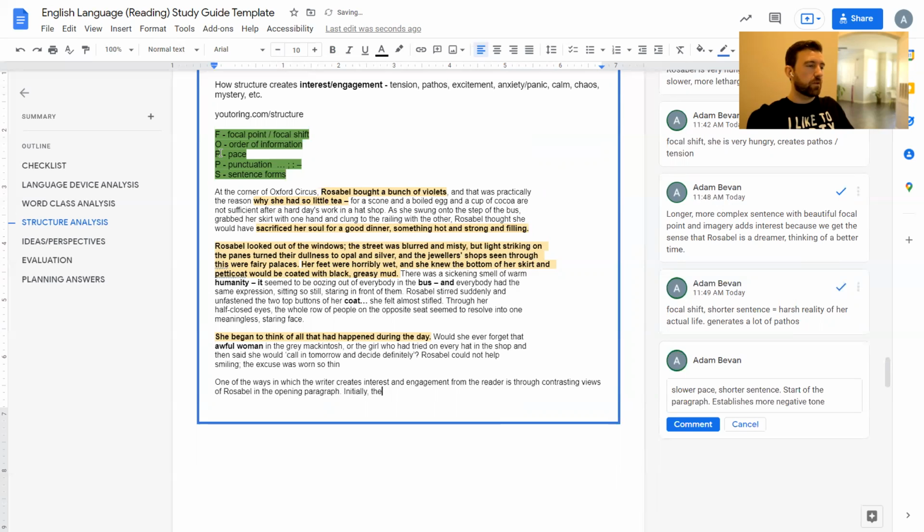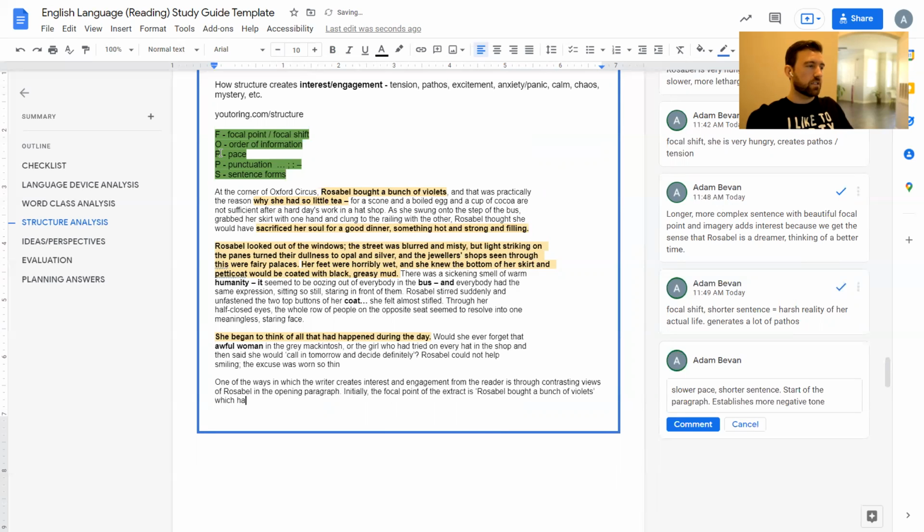Initially, the focal point of the extract of the story is Roosevelt bought a bunch of violets, which has positive connotations for Roosevelt, and violets are a beautiful flower, symbolizing beauty or innocence.